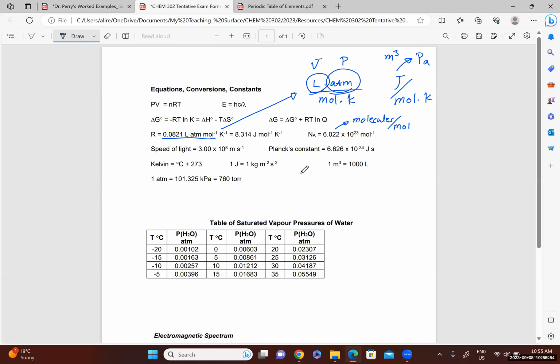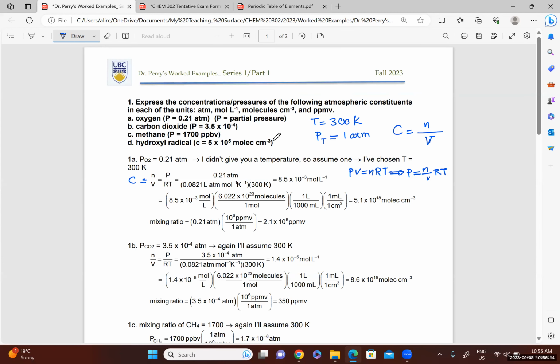Okay, so do we have any conversion factors here that can help us? Look, it's here. So for 1,000 liters, we can convert it to 1 meter cubed, and then 1 meter cubed, we can convert it to centimeter cubed. This is given in the equation sheet, which is great. So we're going to use that. Here, actually, it has been done a little differently.